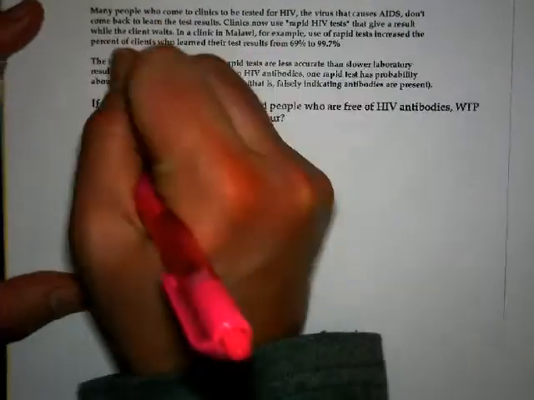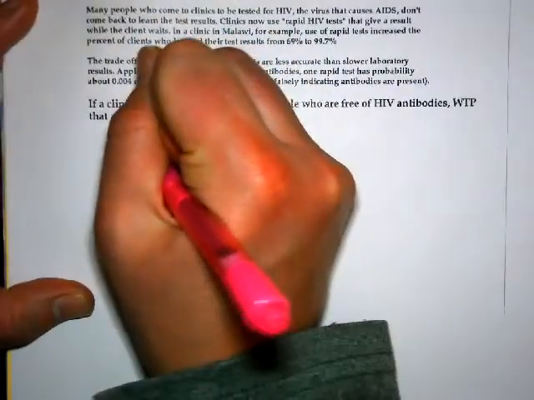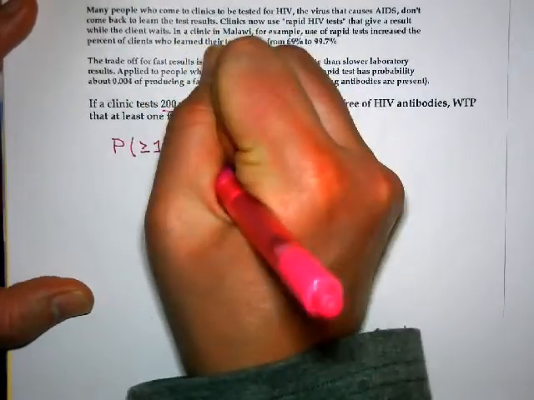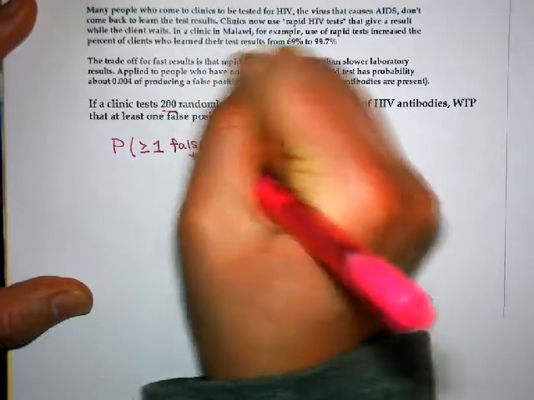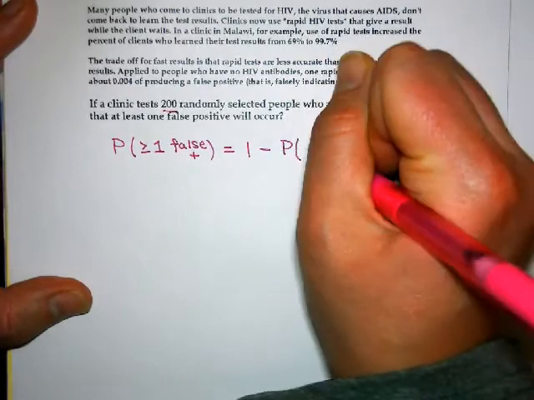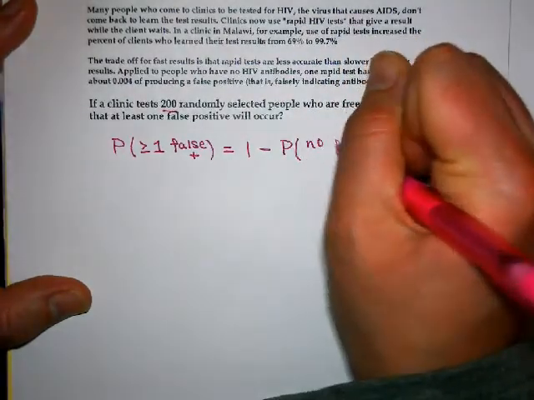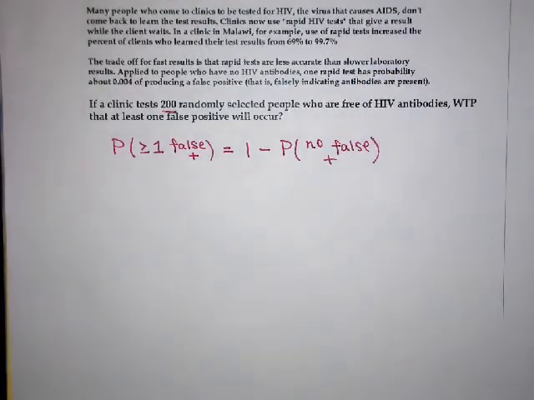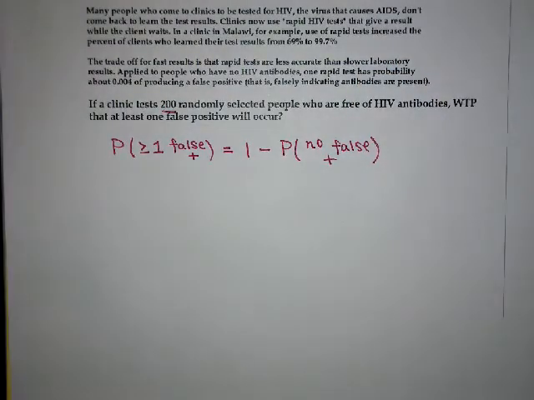So probability of at least one false positive. We're going to take 1 minus the probability of no false positives. So, sorry, I'm trying to think where I want to do my side work.